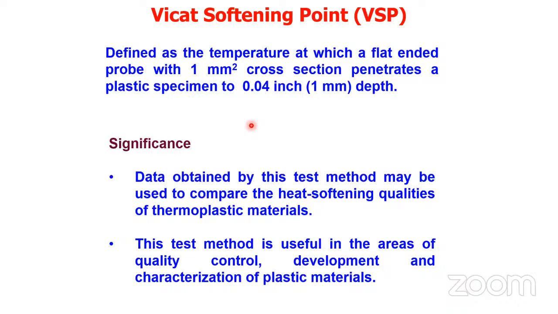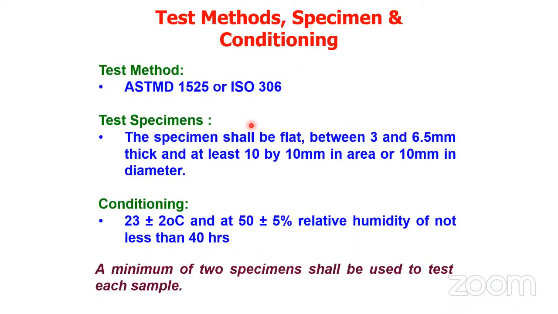Okay, so in detail we will see what test methods have been used, the specimen size, and the conditioning of those specimens. Generally the ASTM D1525 process is used to identify the Vicat softening point of the polymeric material.